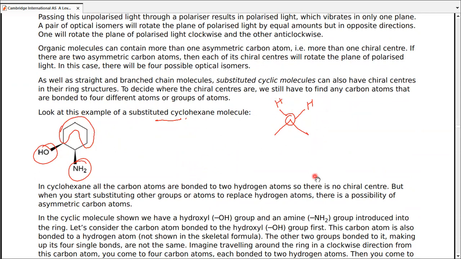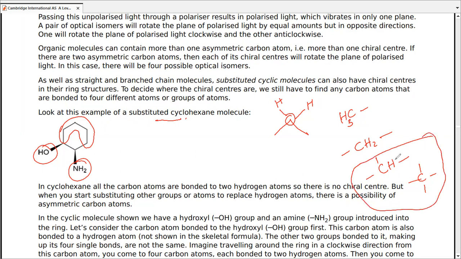Because they have two same atoms on them, two hydrogens, which means any carbon like this or carbon like this cannot be chiral. However, this may be chiral. It depends. Or this may be chiral. If all four atoms or groups of atoms are different on this one, they may be chiral. But these two can never be chiral. Okay, so any carbon at the corner of a chain may never be chiral, whether it's singly bonded or doubly bonded.